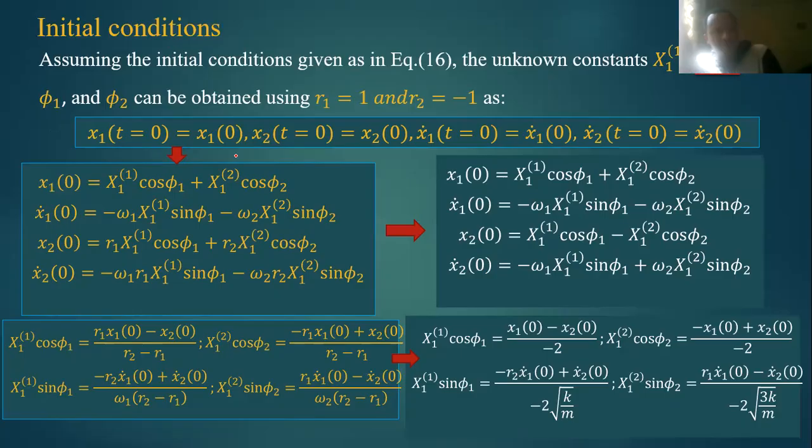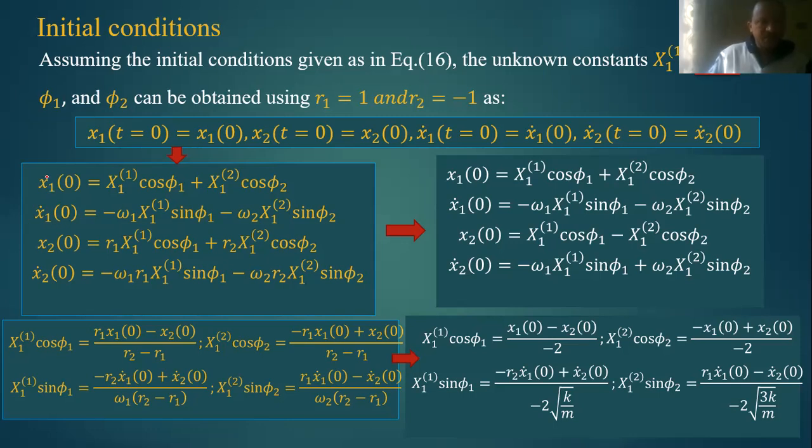This can be easily determined using the prescribed initial conditions. Here we have only the initial conditions of amplitude, meaning the velocity and the amplitude of the motion will give us some clue. So applying the initial conditions to the equations, we have x1 of 0 equal to x1 of 1 cos phi 1 plus x1 of 2 cos phi 2.